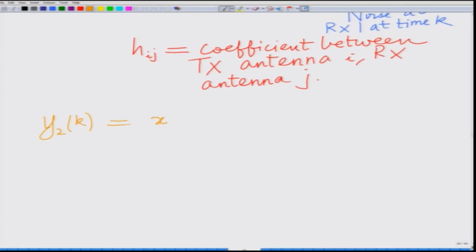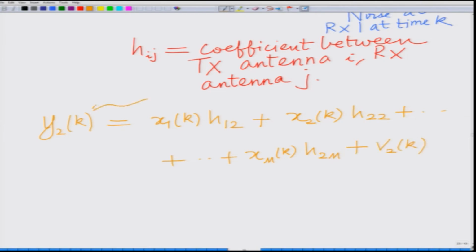So, y2k I can express as x1k h12 plus x2k h22 plus so on plus xMk h2M plus v2k.